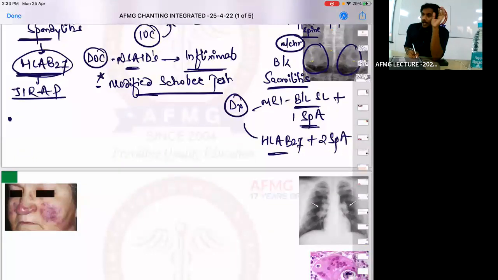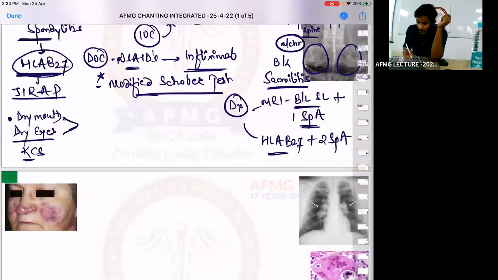If a patient complains of dry mouth and dry eyes usually, called keratoconjunctivitis sicca, the more likely diagnosis is Sjogren syndrome.